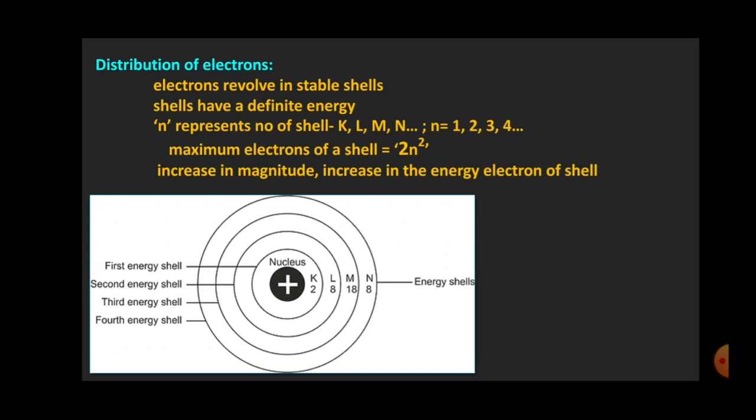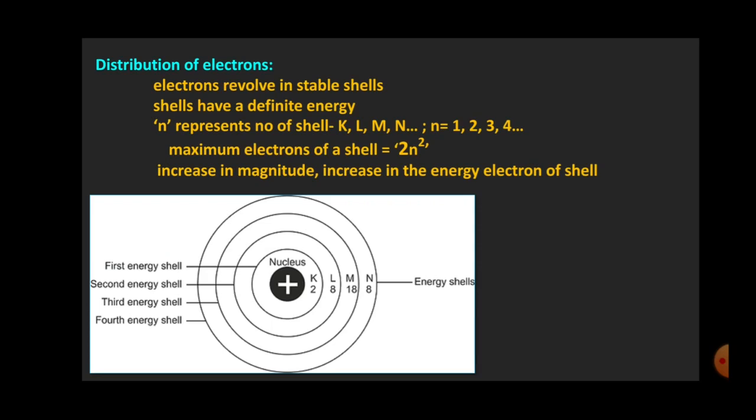An atom does not have any charge because the number of protons and the number of electrons are the same, and we know that protons have a positive charge and electrons have a negative charge. So an equal number of positive and negative charges nullify each other, and thus the atom does not have any charge.